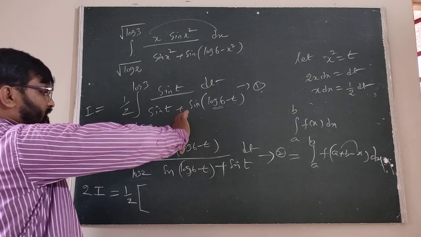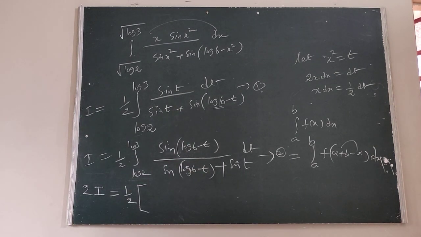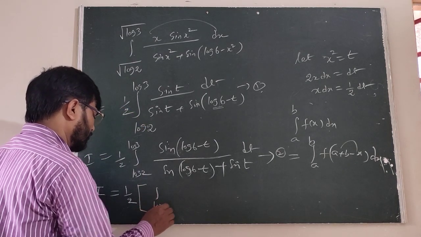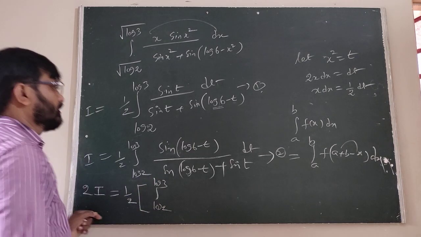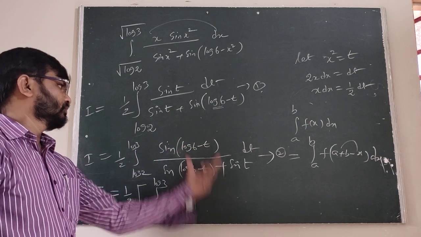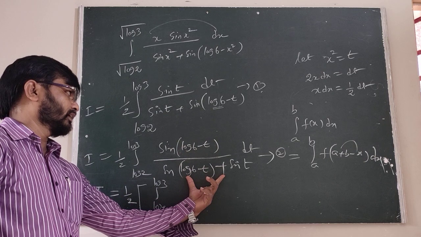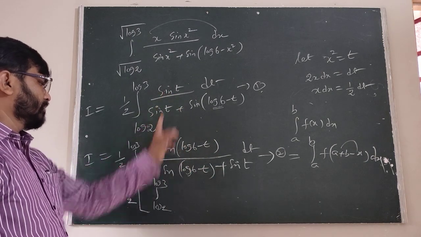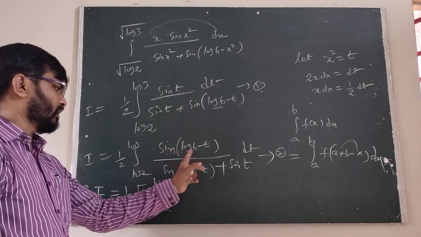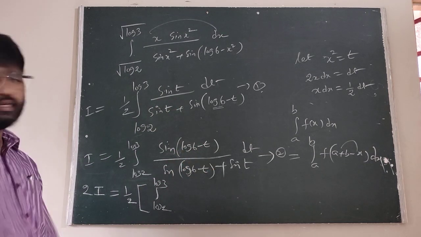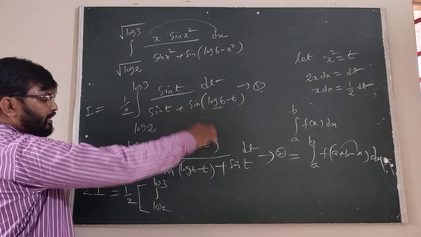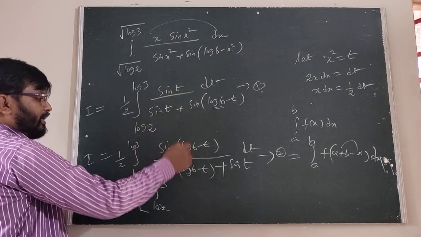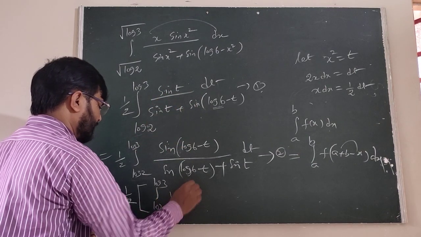Now adding this, the log 2, log 3, the denominators are equal, so the LCM is the same. The sum of the numerators is sin t plus sin of log 6 minus t, and those cancel. We add the numerators and we get 1 dt.